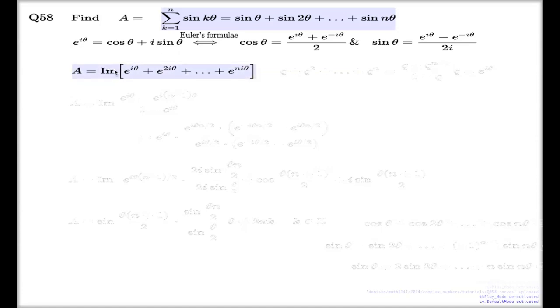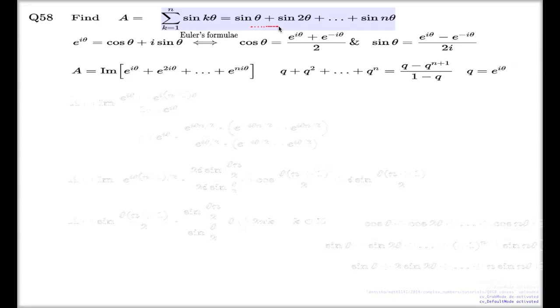And algebraically, this is just a finite sum of the geometric progression. If you think of this exponential e^(i theta) as a number q, then here's the formula for that. Here's the idea which helps me find this sum.